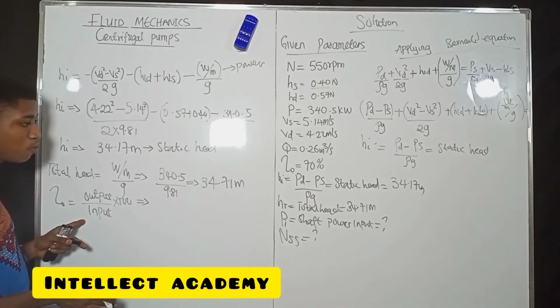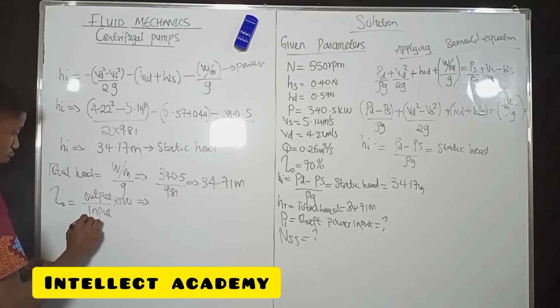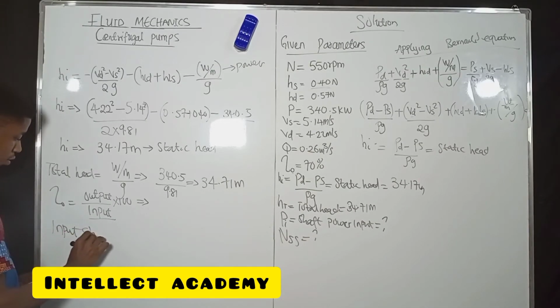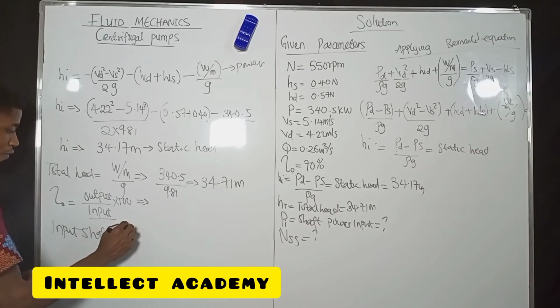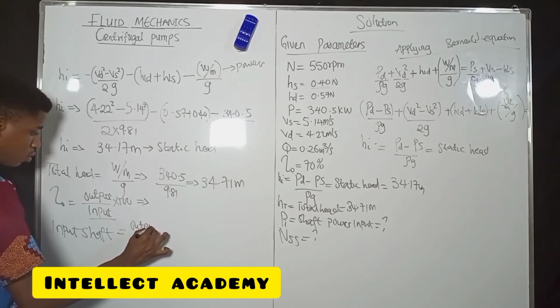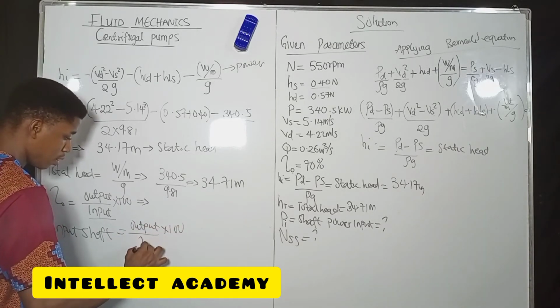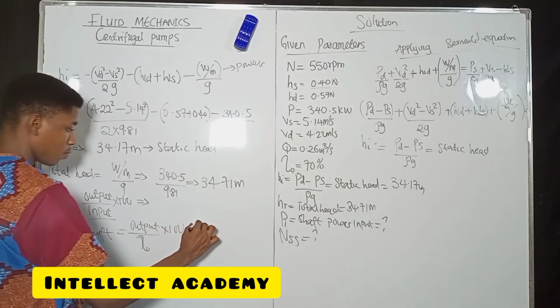Then the power input of the shaft is given by this input you have here. So when we make this the input formula, we're going to have the input shaft is going to be what? The output over the efficiency, multiplied by 100.